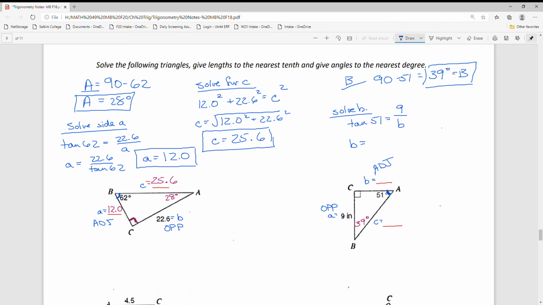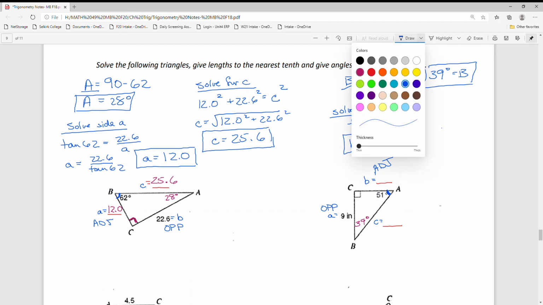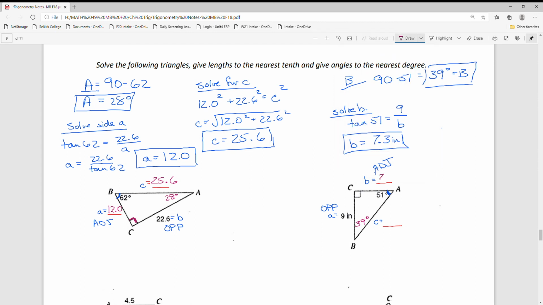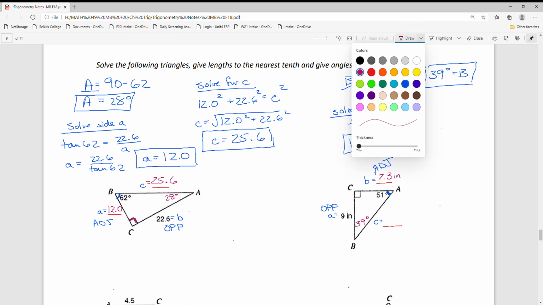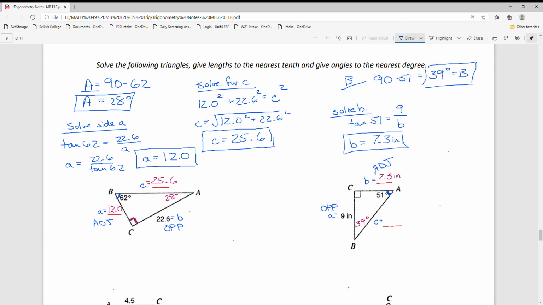I'm a little out of space here, so I'm just going to write the answer of 7.3 inches. If you want, you can label that on your triangle. So we've got that fill in the blank here of 7.3 inches. Doing the last one, and again, trying to stay kind of continuous here, I'm going to use Pythagorean theorem, but you could use another trig ratio.